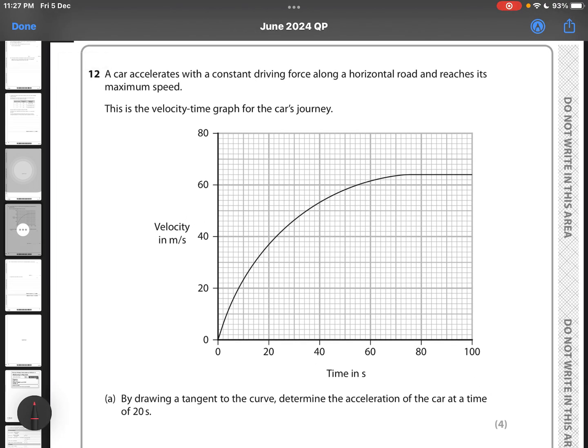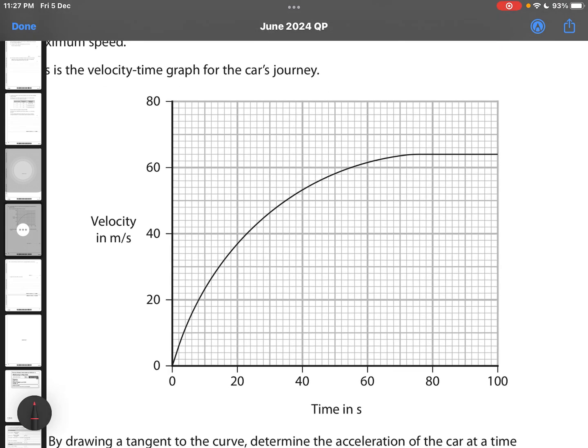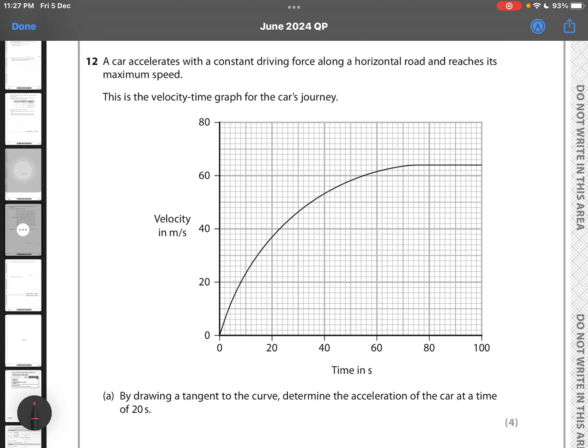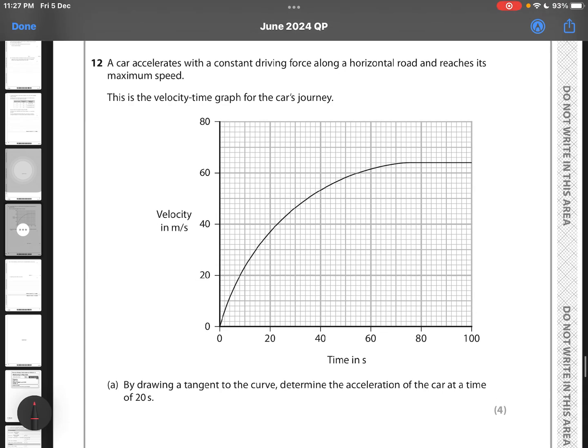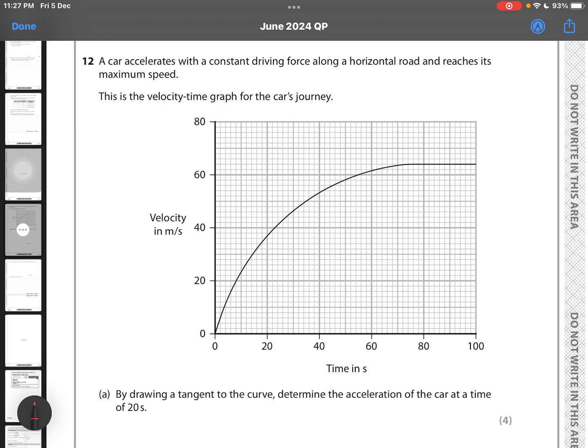Velocity time graphs, acceleration time graphs, and distance time graphs let us find a majority of answers, but you need to properly know how to interpret each of these graphs. So today we will be looking at the velocity time graph, and let's solve question number 12.